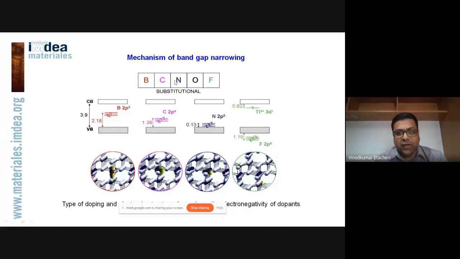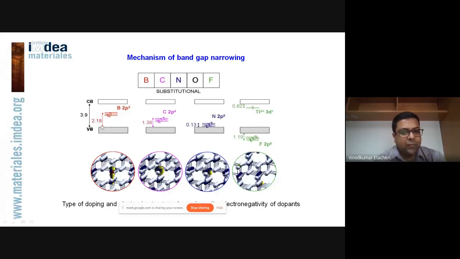Or nitrogen, in case of nitrogen, it depends on the synthesis method. Nitrogen can replace oxygen, or it can dope as an interstitial. And fluorine can replace oxygen because it depends on the electronegativity and titanium oxygen bond strength. So the only anion that can replace oxygen is fluorine in this case.